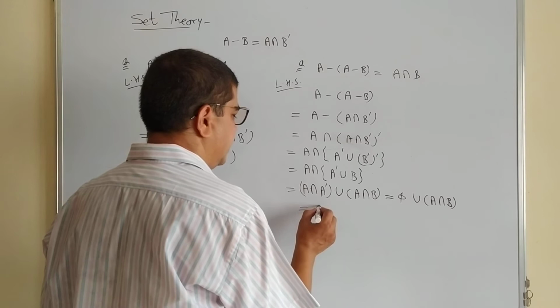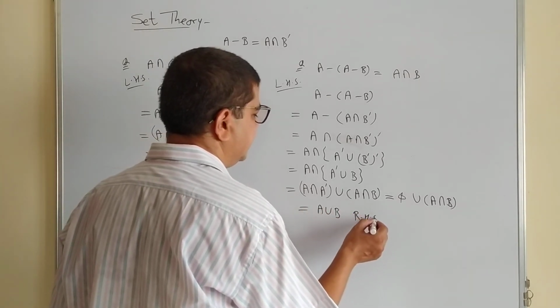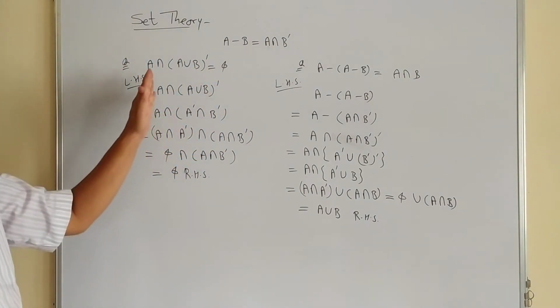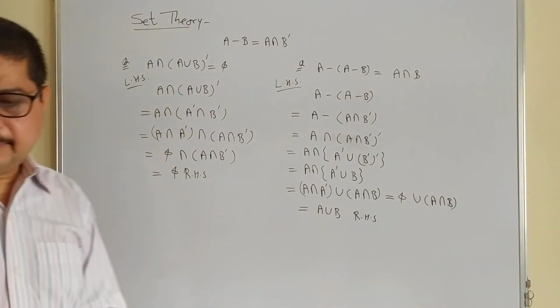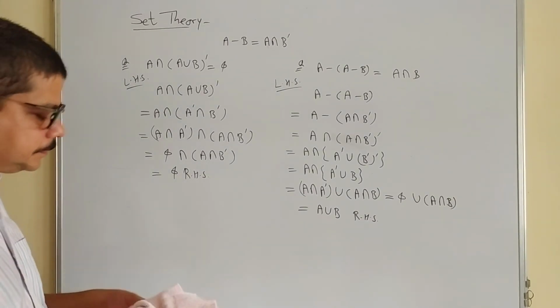It will be A union B, and that is the right answer. So these questions are very important, and a few more problems are also there that you can solve.